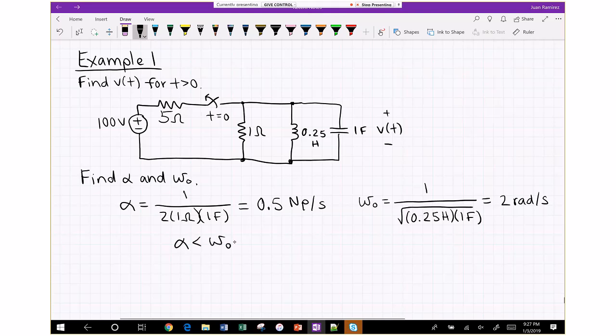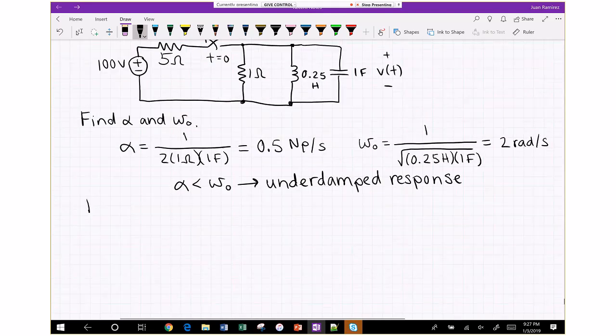So it's clear that the damping factor is less than the natural frequency. Therefore, you have an underdamped response.